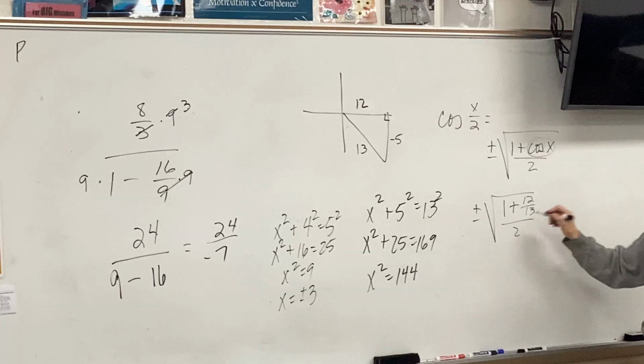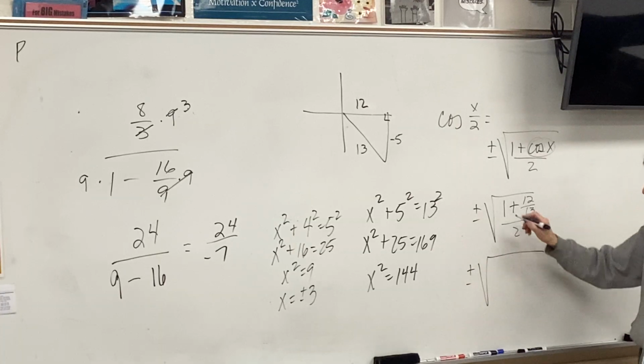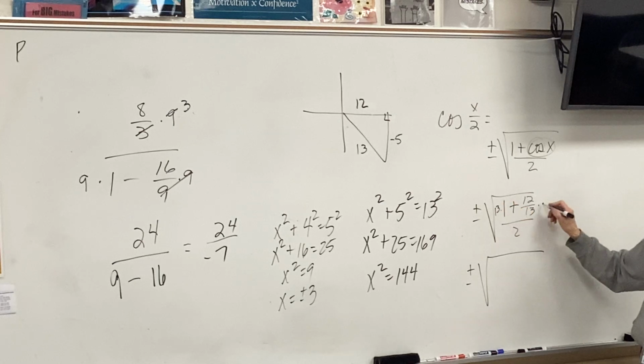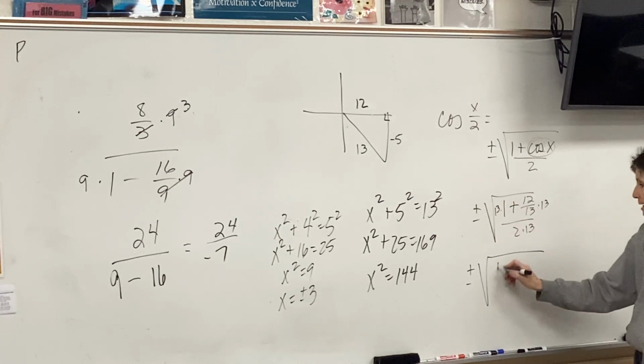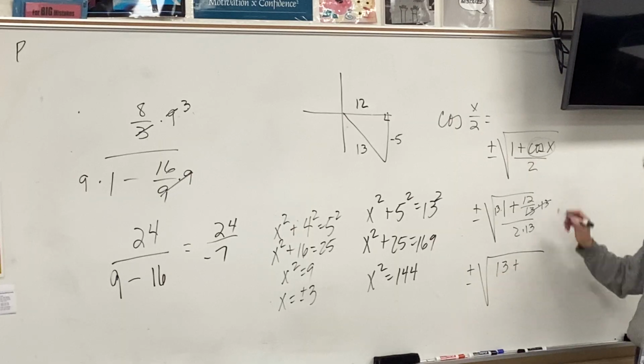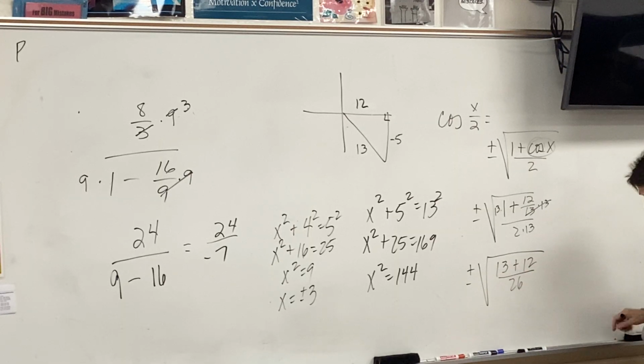Now again, that needs to be cleaned up. I will clean it up by multiplying by 13. But you can do it other ways. I end up with 13 plus 12 over 26.